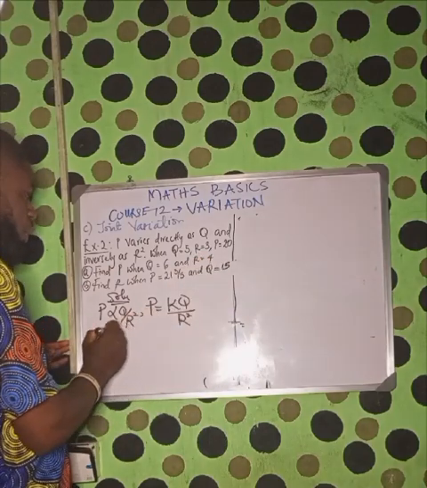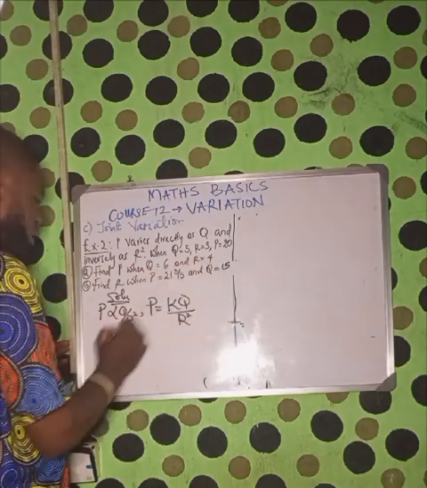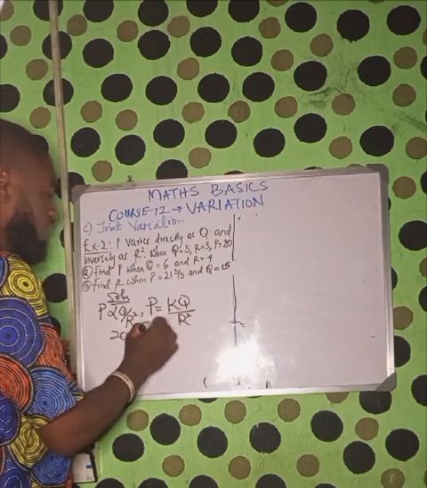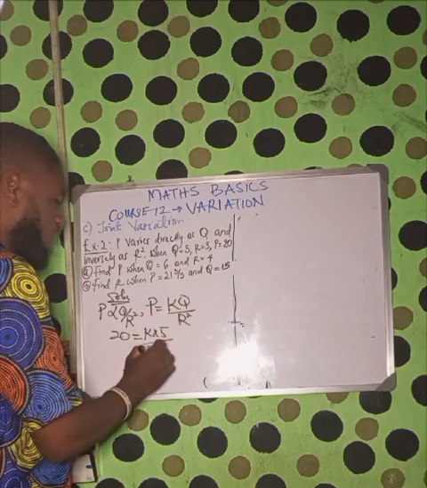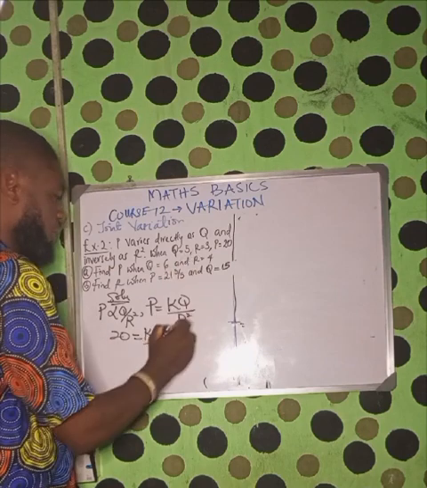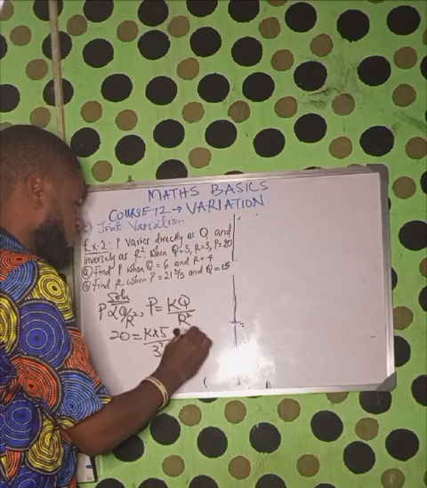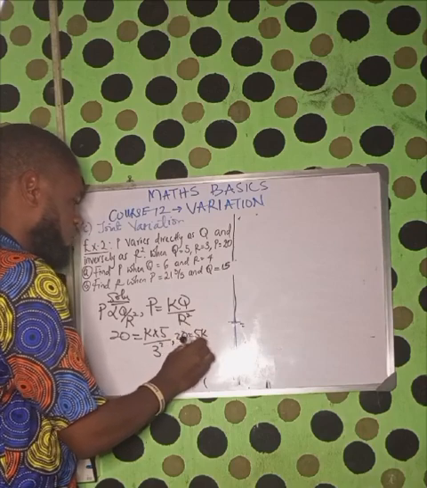Now, my P here is 20, my k is unknown, my Q here is 5, so it becomes k times 5 over 3 squared, which is R here is 3. So everything becomes 20 equals 5k over 9.